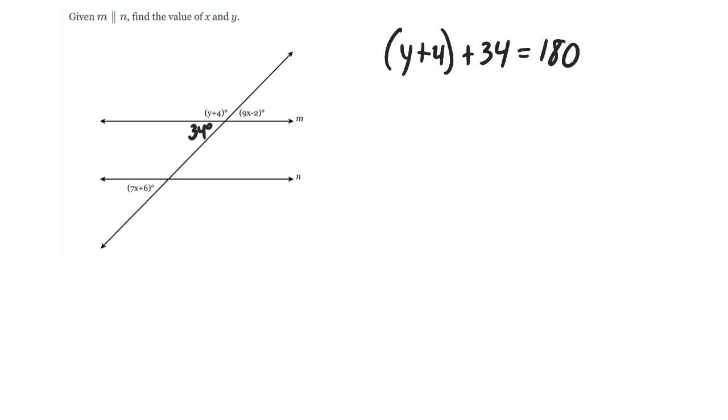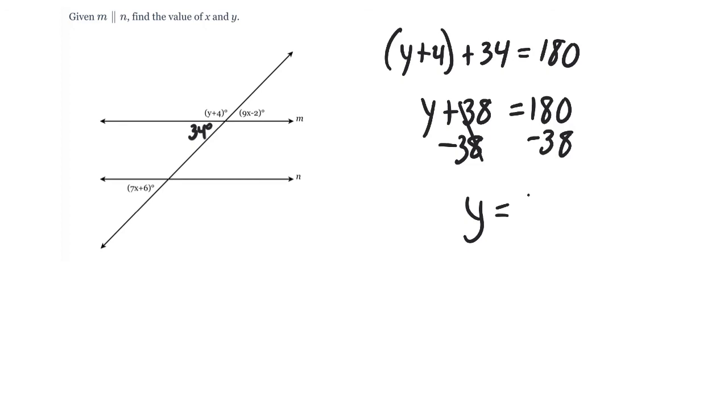At this point, I can combine like terms on my left side. y plus 38, because 4 plus 34 is 38, would be equal to 180. If I subtract 38 on each side, I get that y is equal to 142. And my x value was equal to 4.